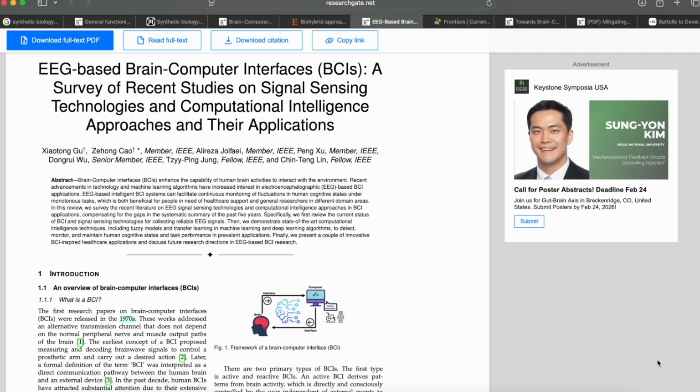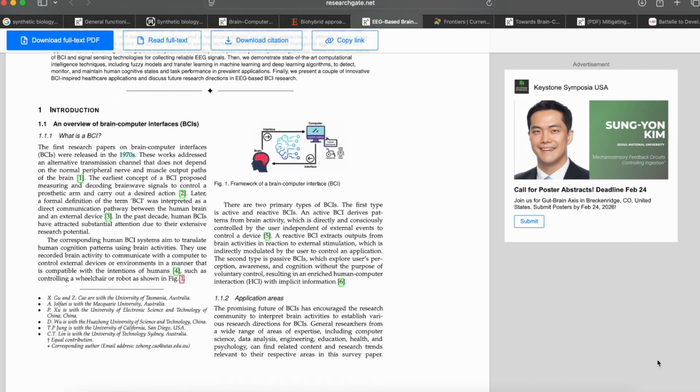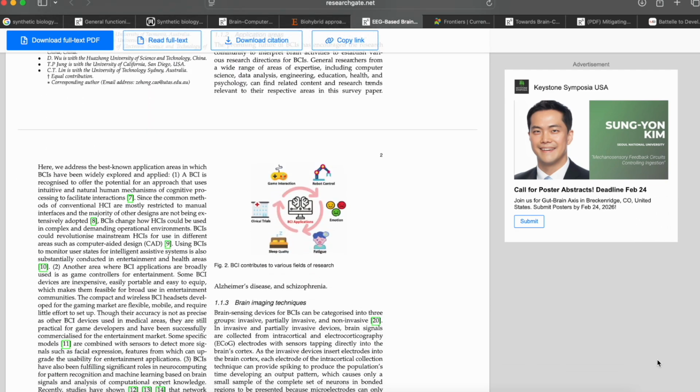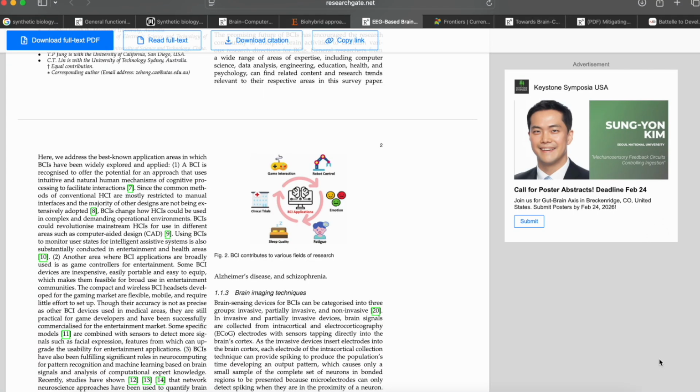In the 1970s. So this has been around for over 50 years. Let's take a look at this image. Figure 2. BCI contributes to various fields of research. And here are the applications of brain-computer interfaces. We have game interaction, robot control, emotion, fatigue, sleep quality, and clinical trials.